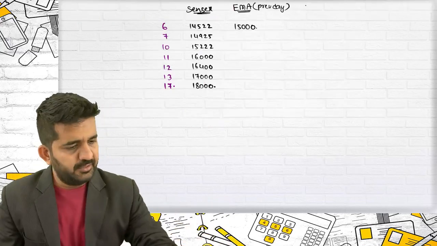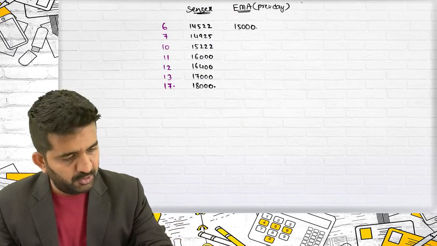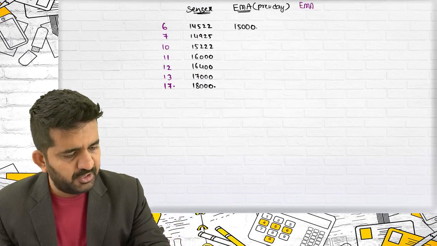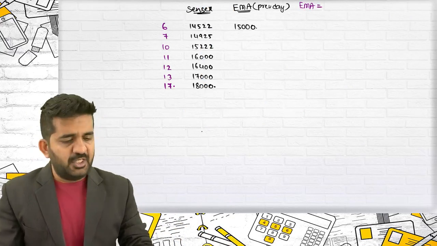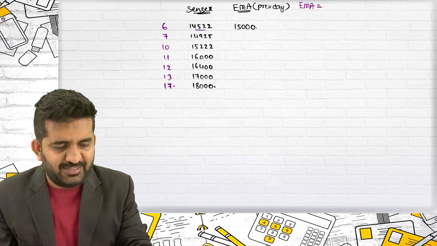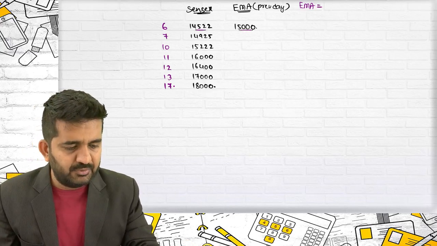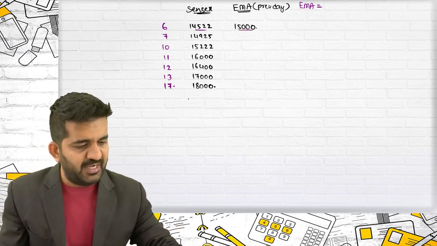Try to concentrate. I'm writing the full-fledged formula of exponential moving average. Exponential moving average is equal to, first, the difference between these two, starting from this. If the current price is lesser than the previous day price, it should be negative. Is it correct?